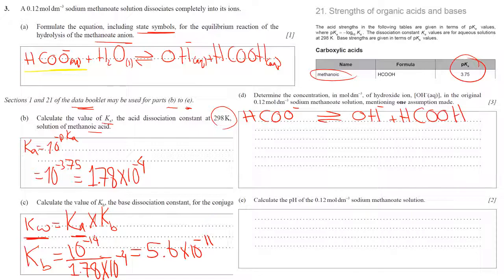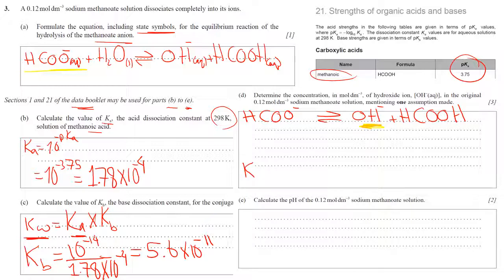We should calculate the concentration of OH negative. We already have Kb, so we should use Kb.